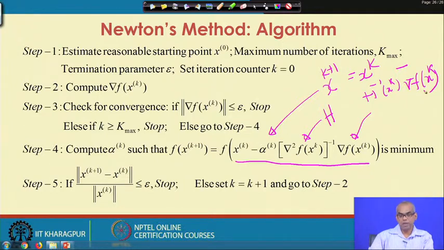If you are using step length, at this step you will find alpha k such that f of x k plus 1 is minimum, where f of x k plus 1 is f of x k minus alpha k into Hessian inverse into gradient.